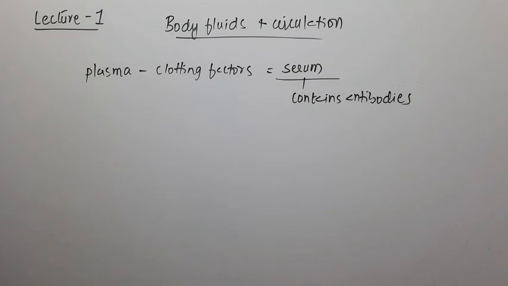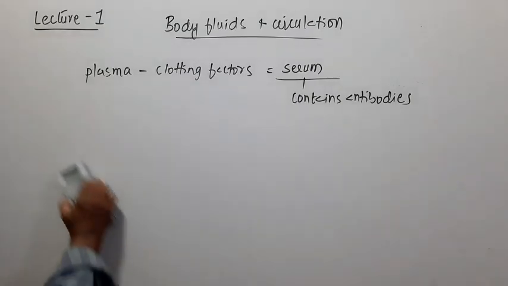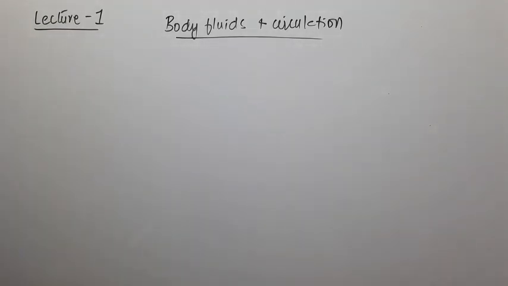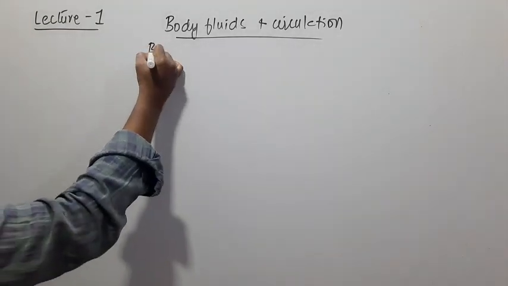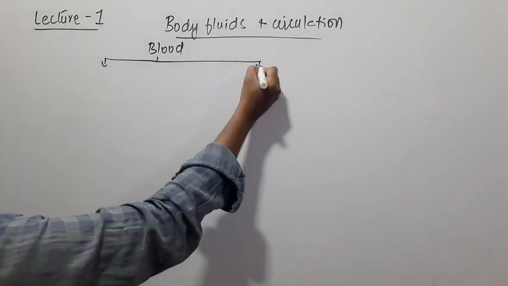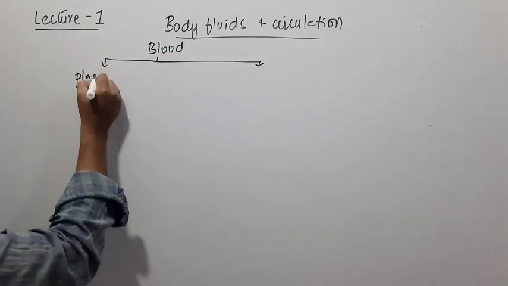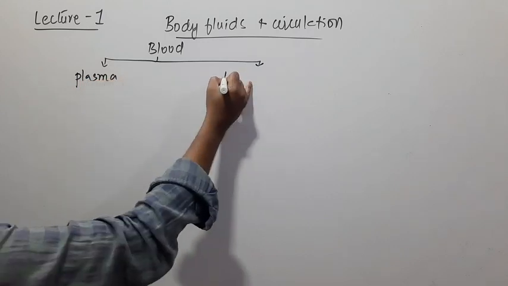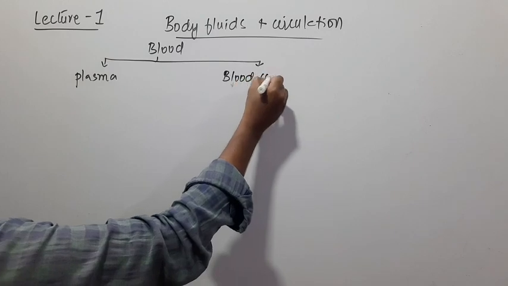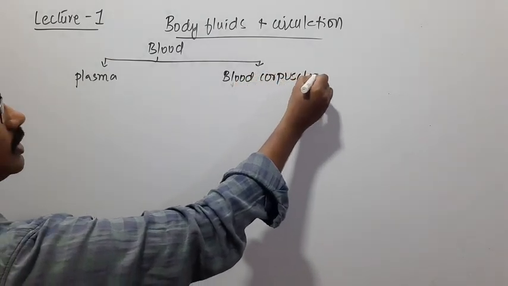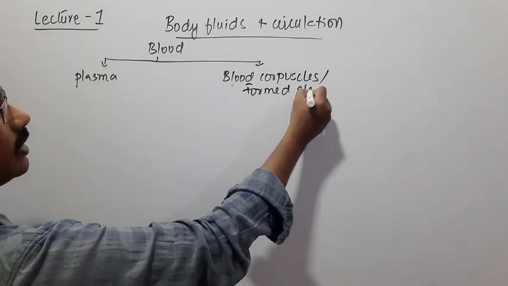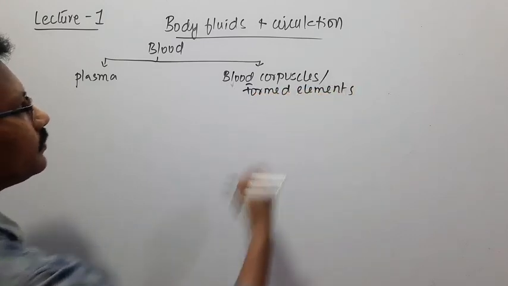Now let us see about those blood corpuscles or the formed elements. As I already mentioned, the blood is composed of two components, plasma and another one called the blood corpuscles or the formed elements.